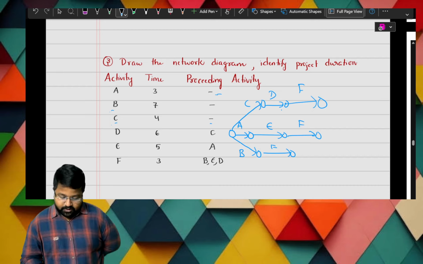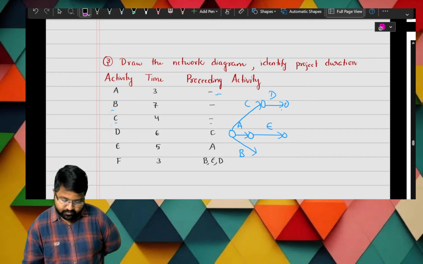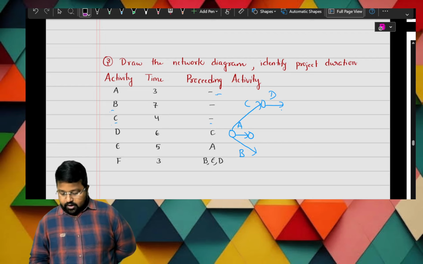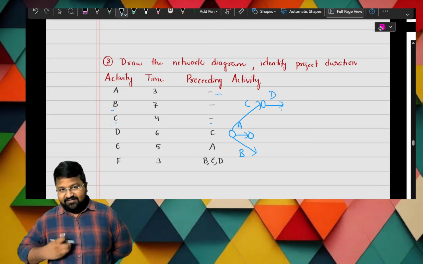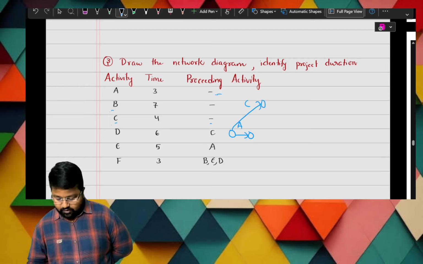Okay? So now let us see. I will erase them. Which is the best way to draw? I will show you that path also. Normally, what is it telling? F starts where B, E, D end. Now let us sort it properly.